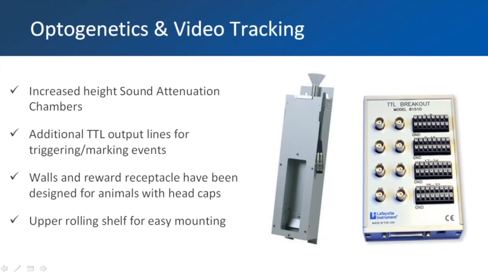So we have a picture of our TTL breakout box, which connects back to the computer and the ABET software. And then additionally, the walls have been designed with openings in the top for tethers and cables. And we also have a rolling shelf towards the top of the chamber, which we haven't been able to show a picture of, but for easy mounting of commutators and other devices up above the actual enclosure with the walls and the lid.